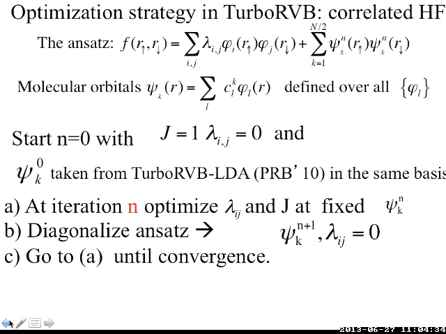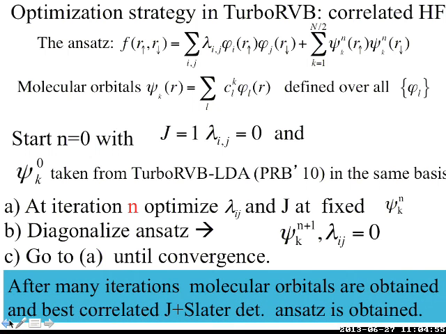Then, after you have lambda ij non-zero and the old one fixed, you can rediagonalize the whole matrix, substitute the new one, and re-optimize lambda ij, and you can go on until everything converges. Why is this approach convenient?